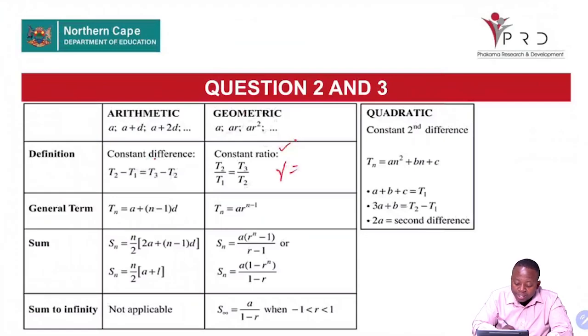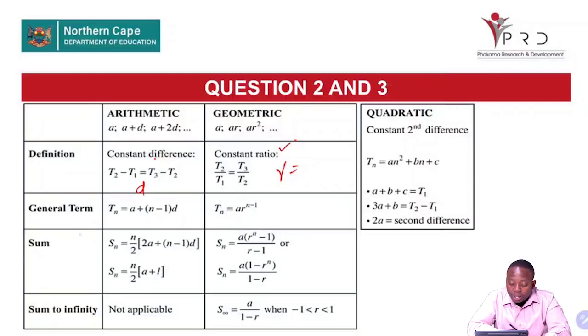This is R, small letter r, and this one is a small letter d. The general term for the arithmetic is Tn equals a plus (n minus 1) multiplied by d.